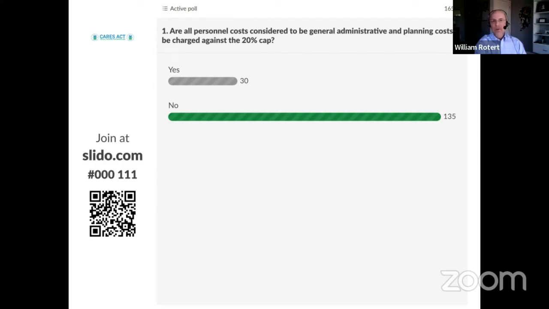The answer to this is, the key is not all personnel costs are considered general admin and planning costs counted against that 20% cap. Remember that discussion we had about what are called activity delivery costs. So if you've got a single family housing rehab program and you've got people who do your application intake and inspections and work write-ups and cost estimates, those personnel costs are not charged against your admin and planning category.